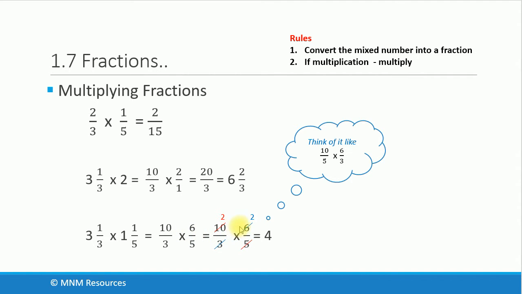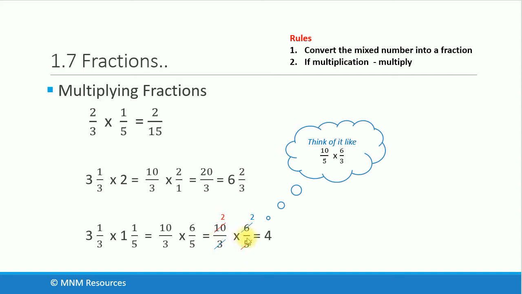Or you can simplify the individual fractions before you get your answer. So you know that 5 and 10 are numbers that are divisible by the same number, which is 5, and 3 and 6 are also divisible by the same number, 3. So pretend that this 10 over 3 times 6 over 5 looks like 10 over 5 times 6 over 3.